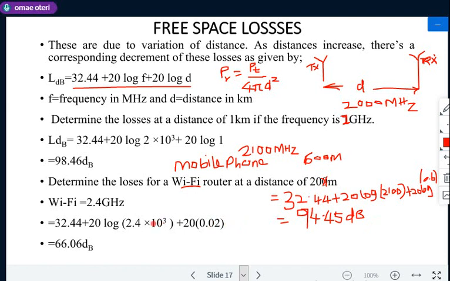What did you use? Have you used 2400 or 2100? Personally, I've used 2100 here. I suspect you used 2400.